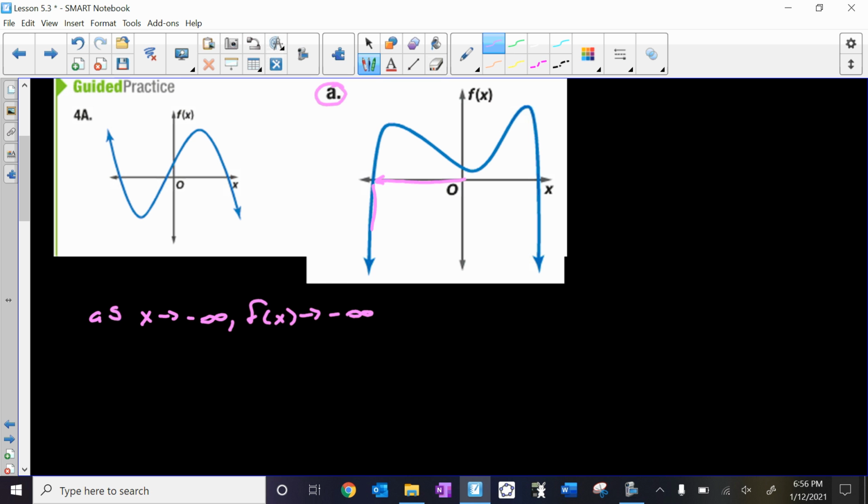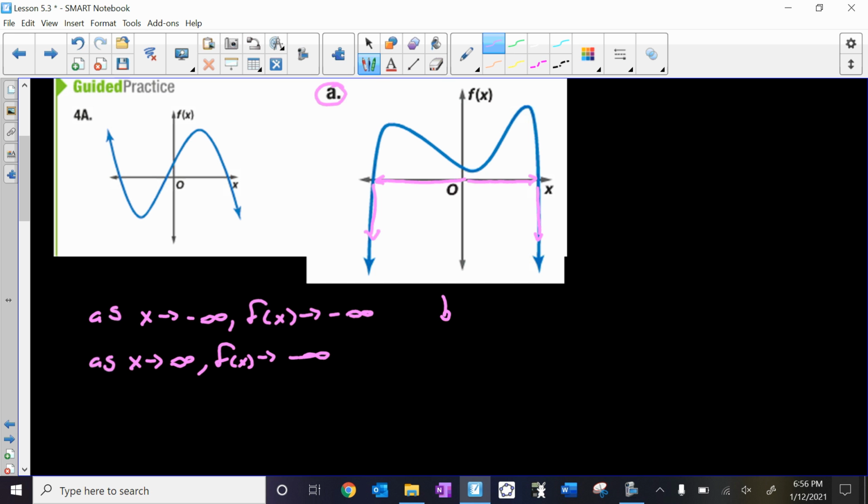It's opening down. My other end, as x goes to infinity, now we're going to the right, f of x is going to negative infinity because it's opening down.